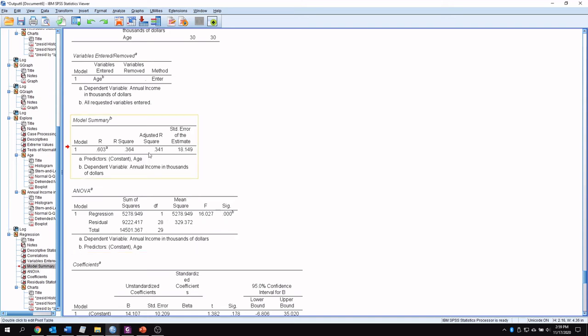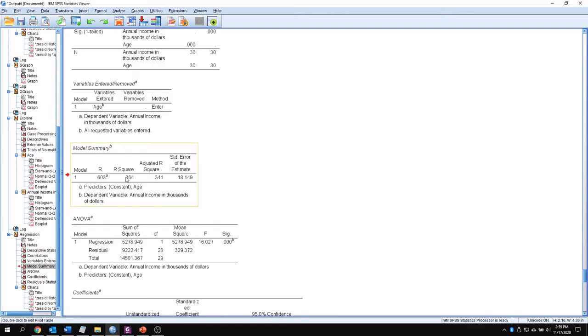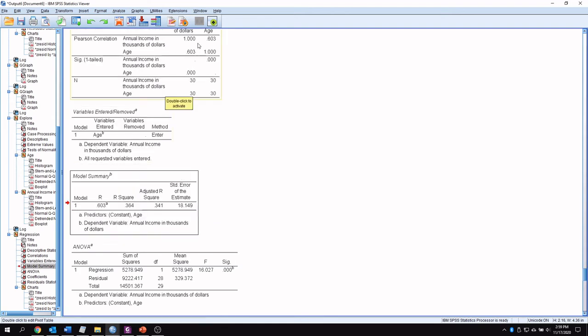Now, if we go up to the model summary, we'll notice that our R value here is the same thing that we had in our correlation table. And this R squared is going to be an important piece of data, because what that is going to tell us is the percentage of variance in one variable that can be accounted for by the other variable, specifically how much variance of annual income can be accounted for by someone's age.